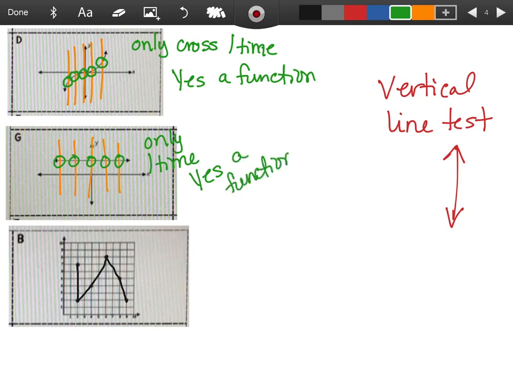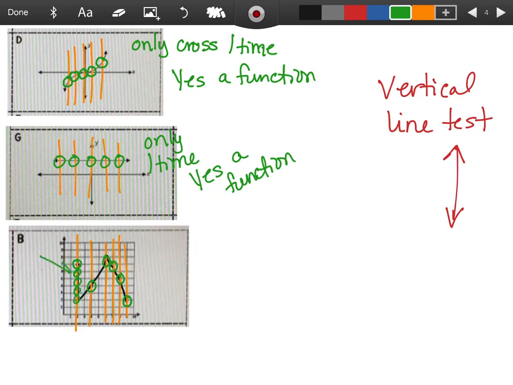Okay, last one on this one. Again, my vertical line test. I'm going to draw. It doesn't matter where I draw it, but I am looking at my vertical lines. Okay, here we go. This one's real careful. You got to pay attention. Do I ever cross my line more than once? If you look right here, I cross it all the way down.